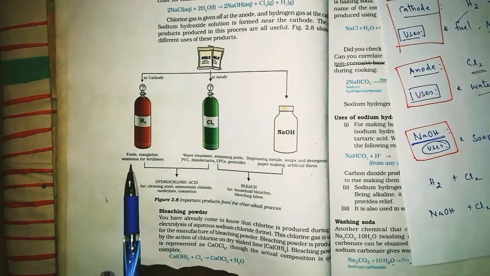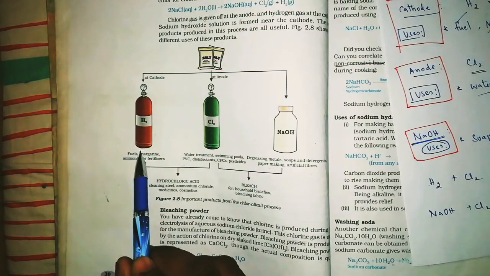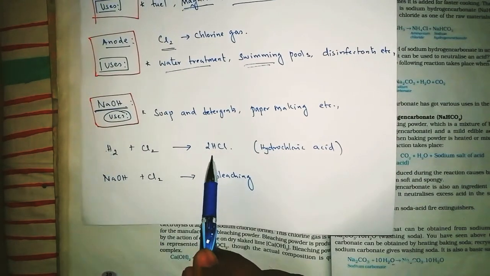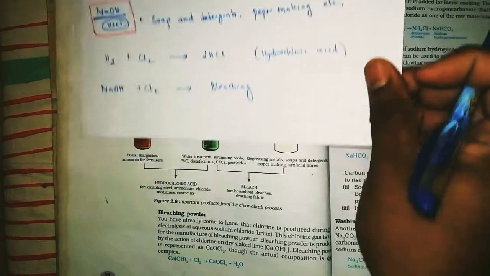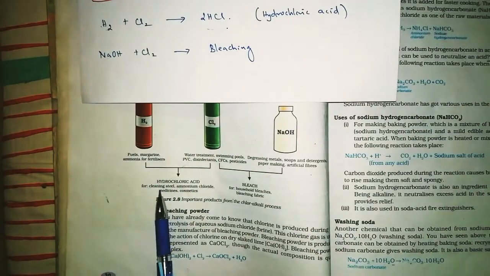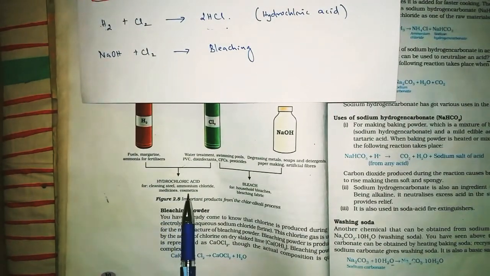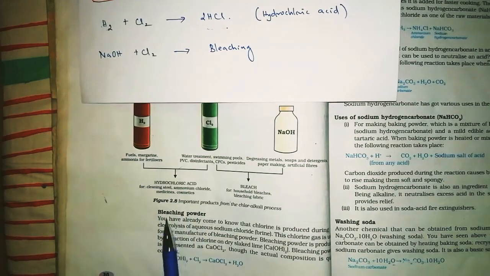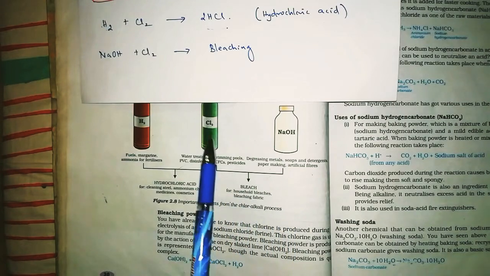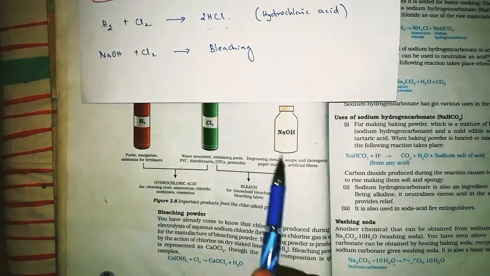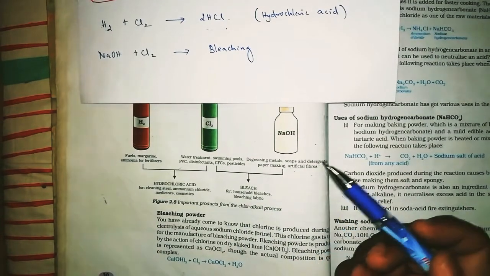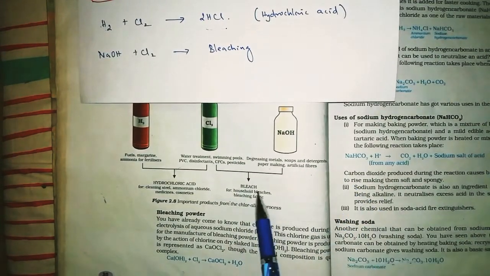And not only that, when hydrogen and chlorine mix together, we form hydrochloric acid. And even that hydrochloric acid is used for cleaning steel, or even ammonium chloride, medicines, cosmetics, many uses are there. And it's not only that, when chlorine and another base, calcium hydroxide, are used, that is a bleach.